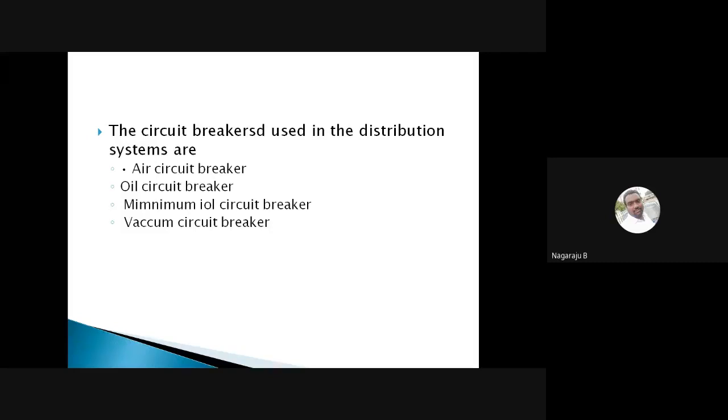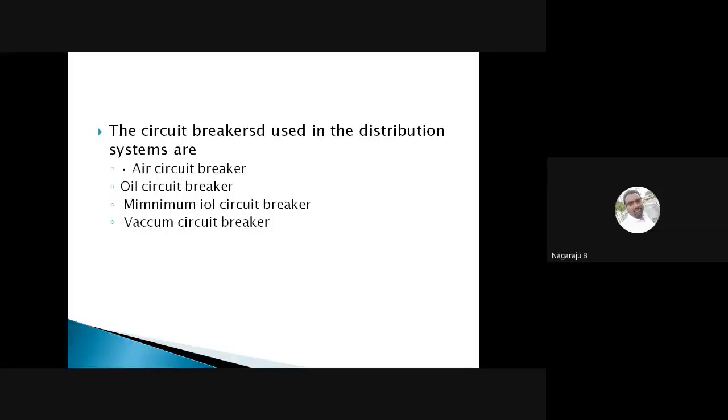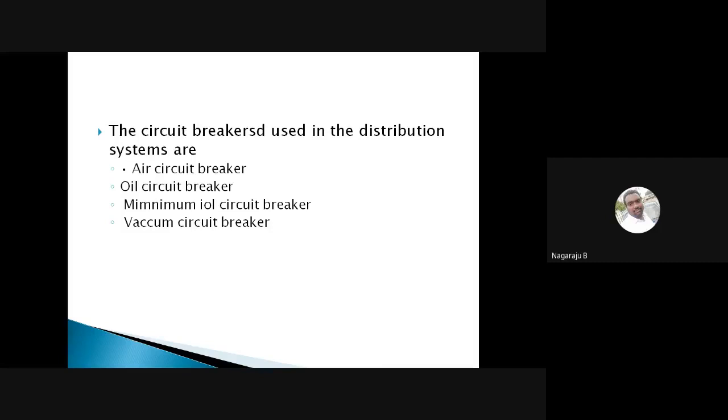That current is nothing but a symmetrical current. In detail, we take the root mean square value of the symmetrical current. Based on the RMS value of that symmetrical current, you need to select the circuit breaker and its rating.